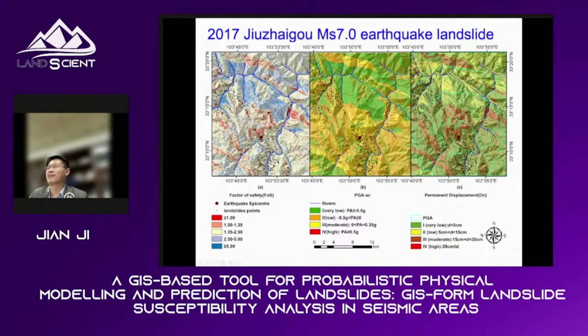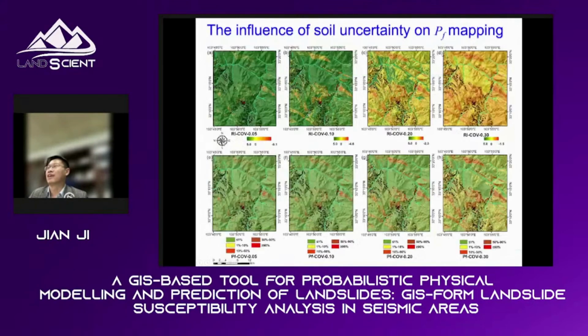And this slide roughly presents the susceptibility mapping of the Jiudaigou landslides. And also we study the influence of some parameters on the hazard mapping in terms of the failure probability.